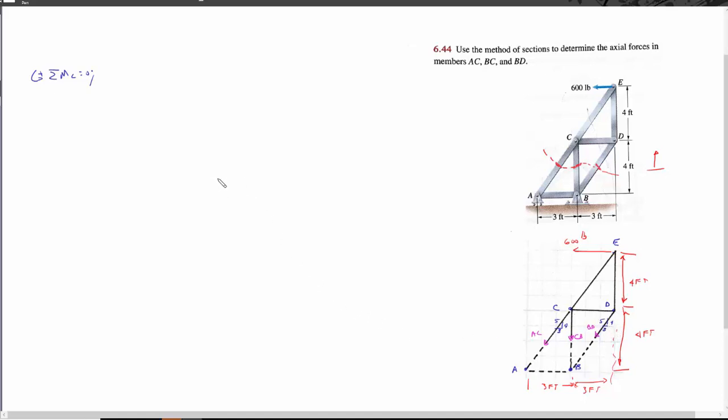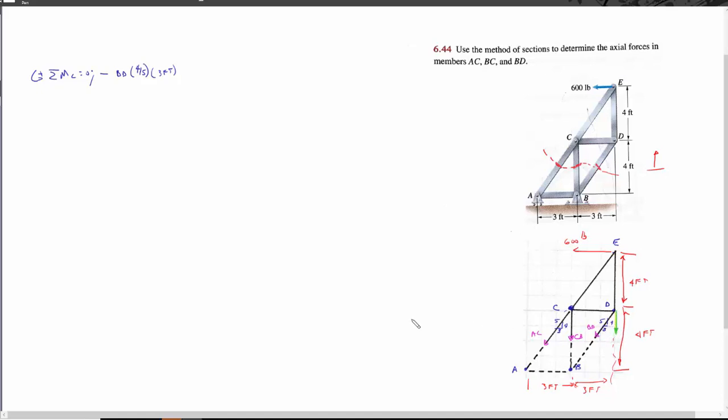So moment about point C, I'm going to get a negative BD, and that's going to be 4 over 5 times 3 feet. So if I'm summing my moment about point C, I'm looking at BD. Now I'm looking at this component of BD.